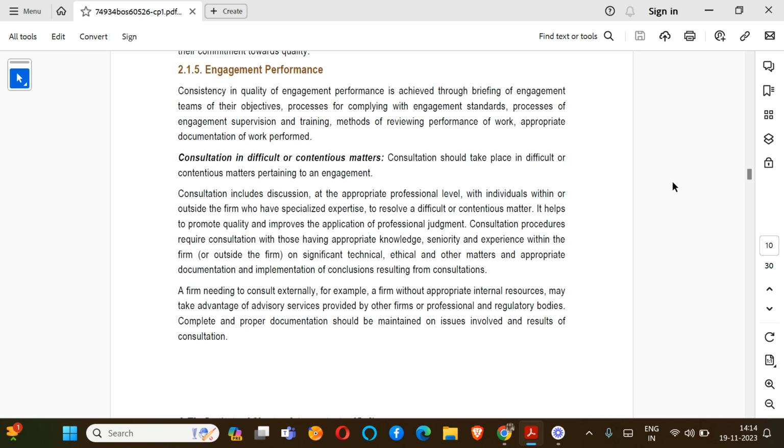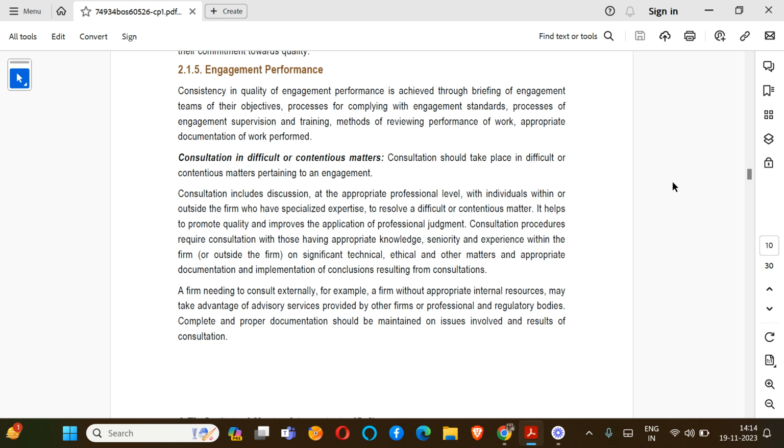First of all, it actually leads to segregation of duties also. पता रहता है कि किसको किसके लिए अकाउंटेबल करना है और किसको किस चीज़ में एक्सपर्टीज है, उस पर भी डिपेंड करता है, और हम किसको कैसे सुपरवाइज कर पाएंगे इस पर भी डिपेंड करता है. And then you do not have to review your own work. Obviously, we should not create a self-review threat, कोई और आके हमारा काम चेक करेगा. Now if there are some difficult matters, some contentious matters that happen throughout the audit, wherever they happen, what are you going to do?